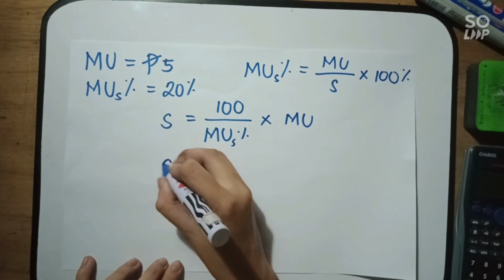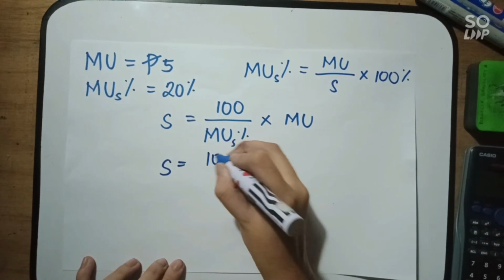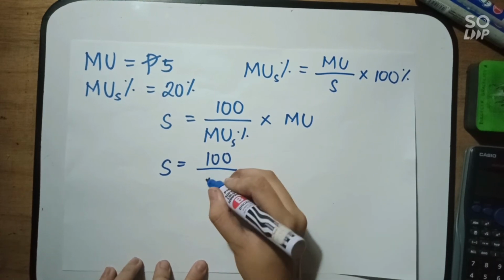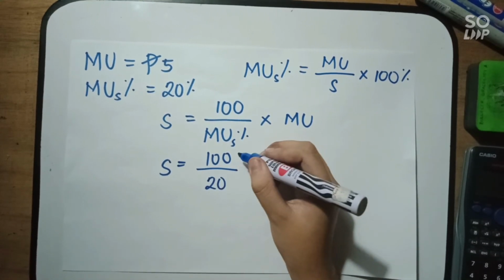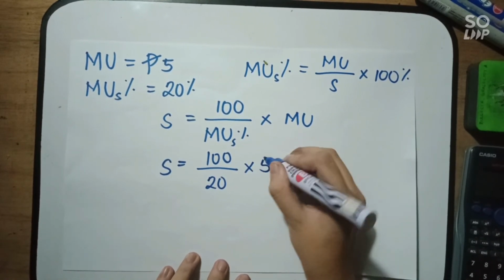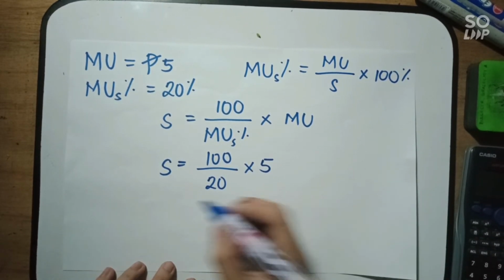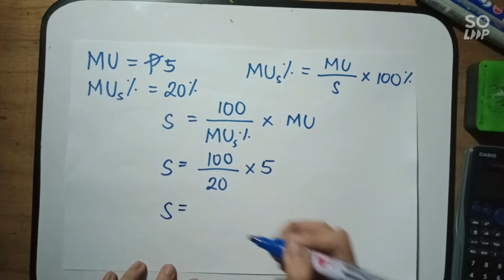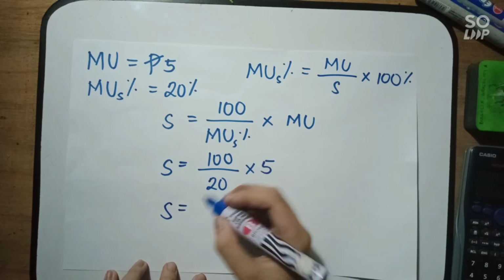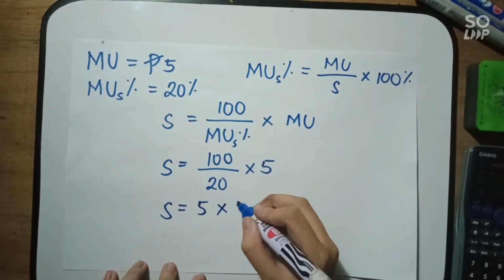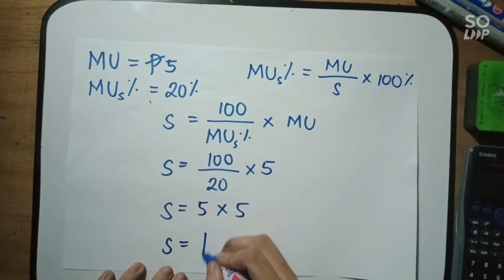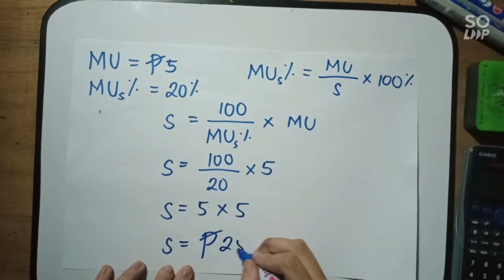The selling price is equal to 100 over 20, times the markup, which is 5 pesos. So the selling price is equal to 100 divided by 20 is 5, times 5. So the selling price would be 25 pesos.